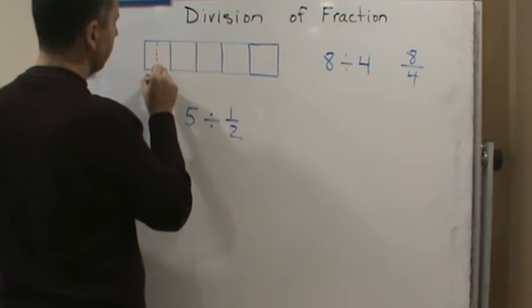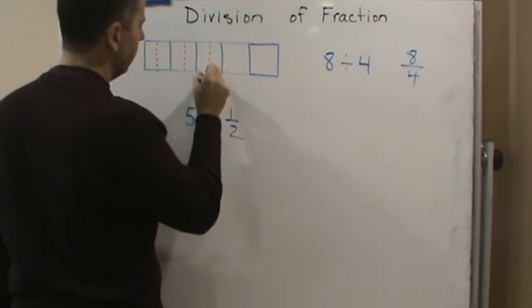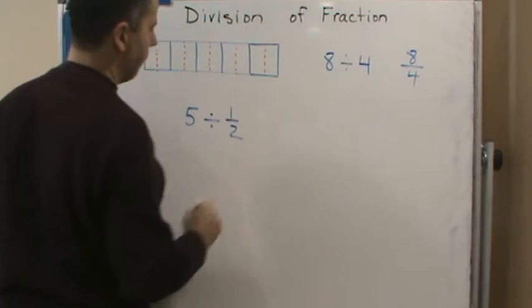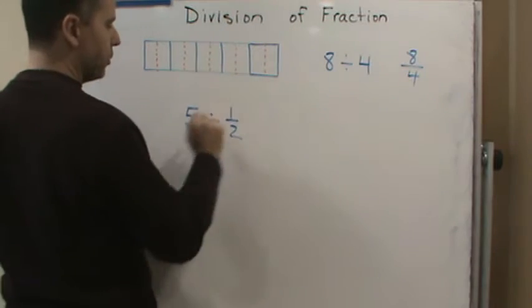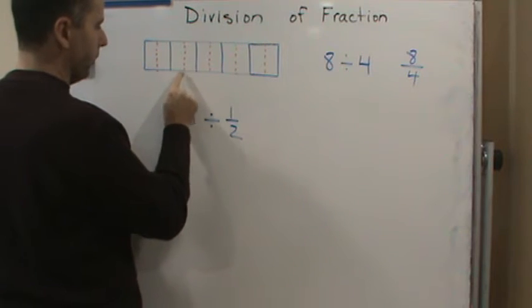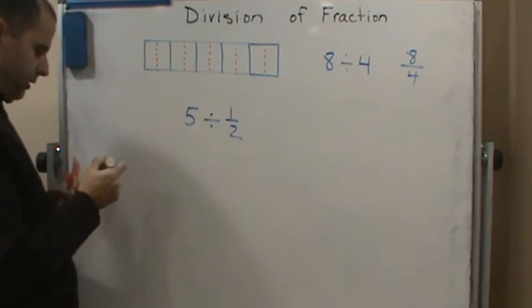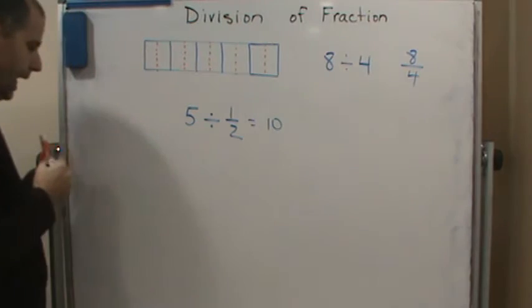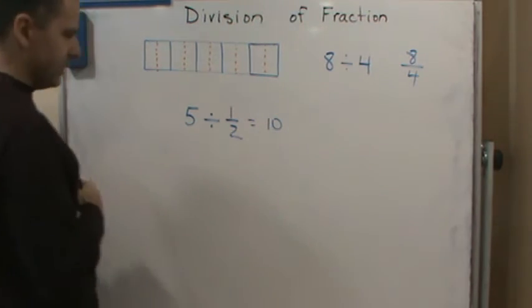I'm going to cut each one into a half, that into a half, that into a half, that into a half, and that one into a half. If I count the number of halves, I have 1, 2, 3, 4, 5, 6, 7, 8, 9, 10. And so there's the answer: 5 divided by 1/2 is equal to 10.